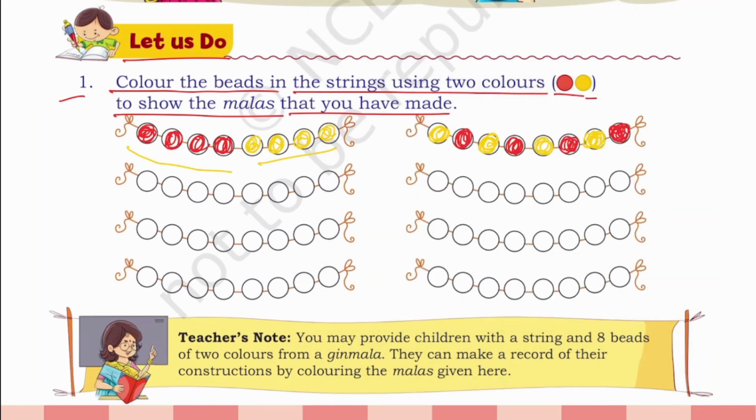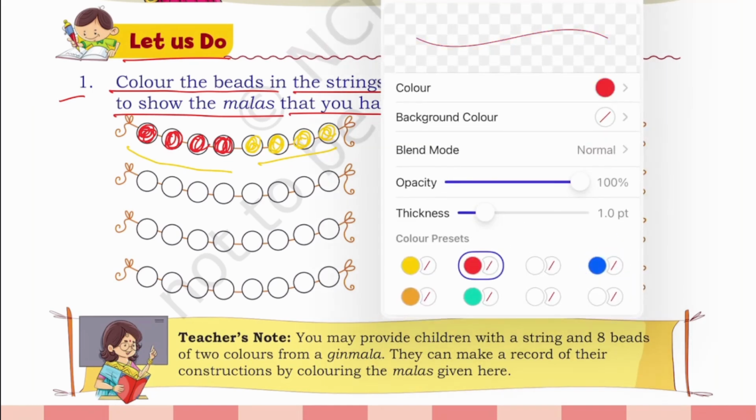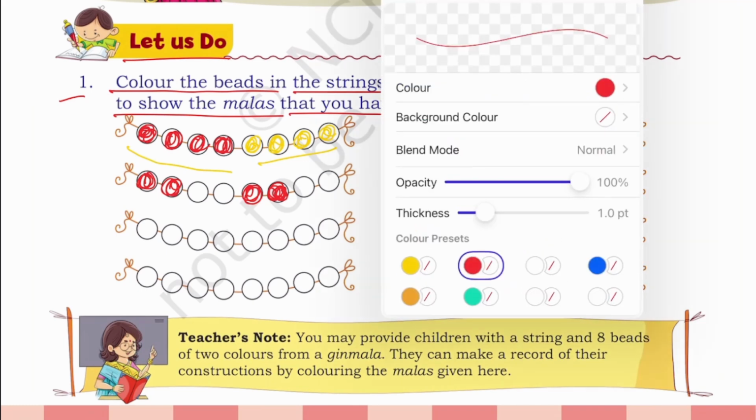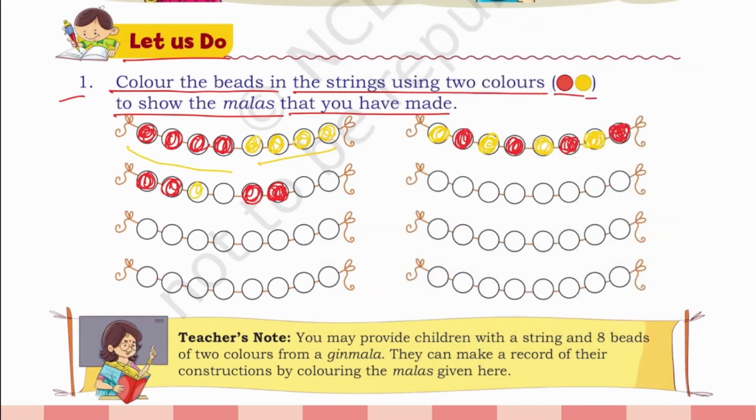Similarly, you can make it like this: red, yellow, red, like this. Yellow, yellow.